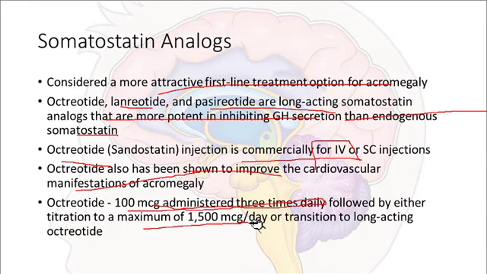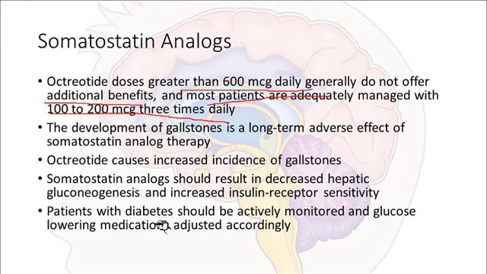Octreotide doses greater than 600 micrograms daily generally do not have any additional benefit, and most patients are adequately managed between 100 to 200 micrograms 3 times a day. So even though the maximum dose is 1500 micrograms per day, most patients will only require anywhere between 300 and 600 micrograms of total dose in a day.